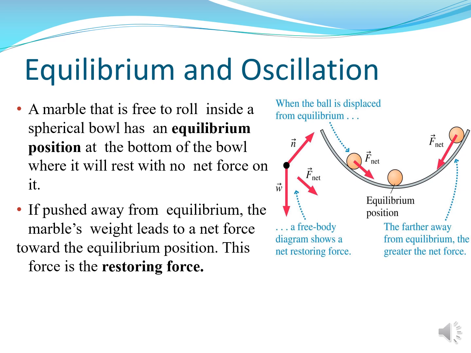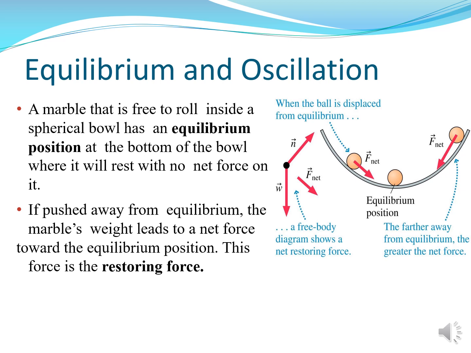Consider these marbles rolling on the spherical bowl. What happens? A marble that is free to roll inside the spherical bowl has an equilibrium position at the bottom of the bowl, where it will rest with no net force on it.